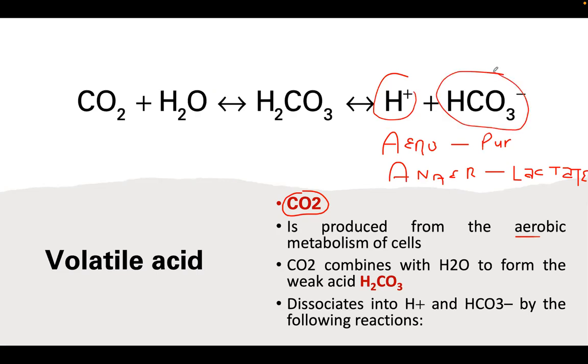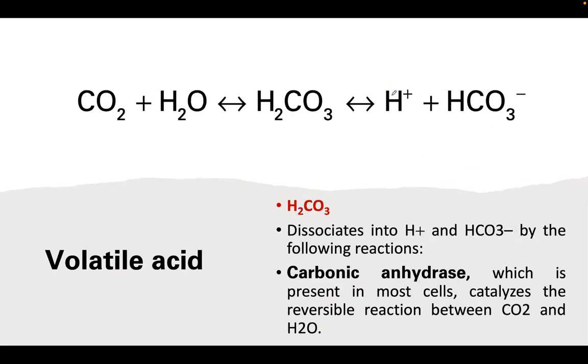This bicarbonate plays a very important role, most especially inside the red blood cell, because this will buffer the hydrogen. Now here, this is the famous enzyme, which is actually present in most cells, which even includes the eyes, the kidneys, the lungs.